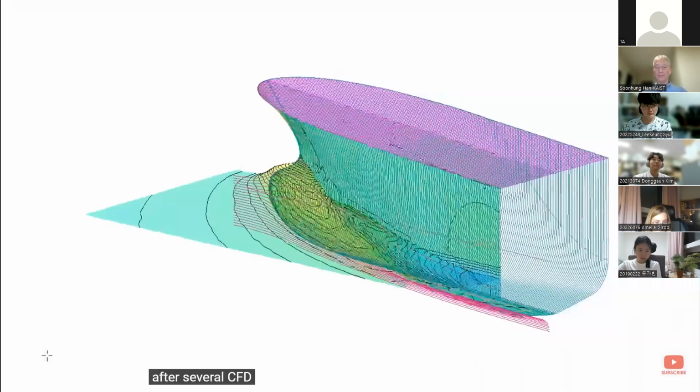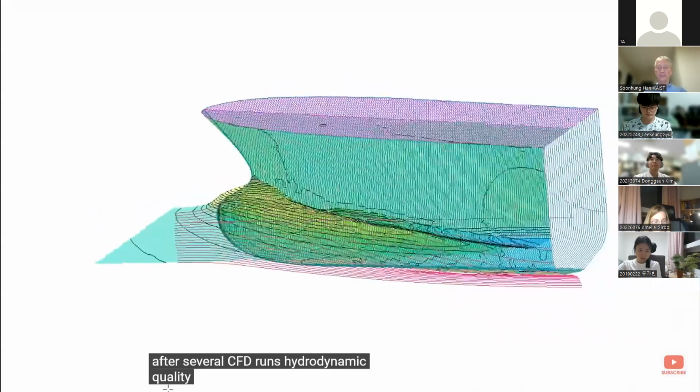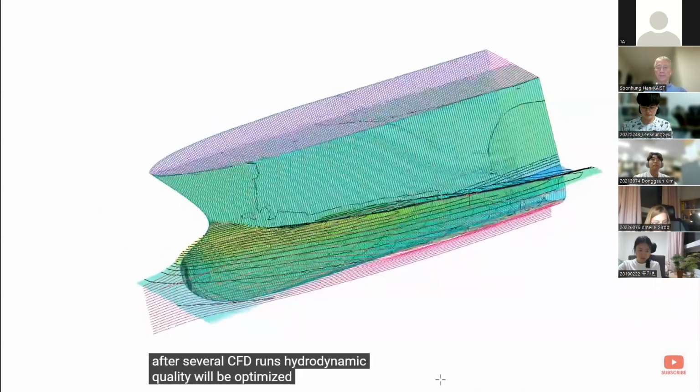After several CFD runs, hydrodynamic quality will be optimized.